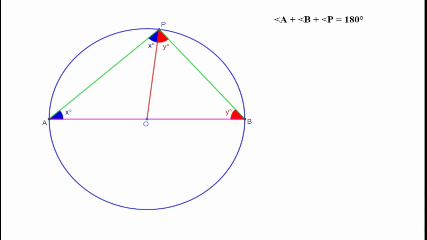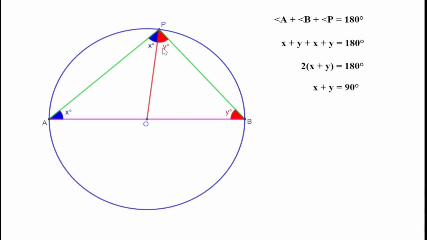Replacing the values, we get x plus y plus x plus y equal to 180 degree. x plus y plus x plus y means 2 times (x plus y). So we can simplify this as 2 into (x plus y) equal to 180 degree. When 2 times (x plus y) is 180 degree, what is the value of x plus y? 180 by 2 or 90 degree.